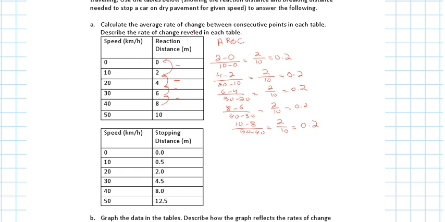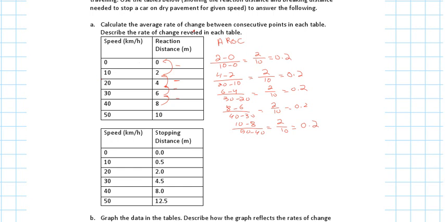What can you tell me about that AROC, or that average rate of change? Constant, right? It's a constant average rate of change. So if you get a constant average rate of change, what kind of function is this? It's a linear function because you have a constant change. It's similar to having the first difference constant.